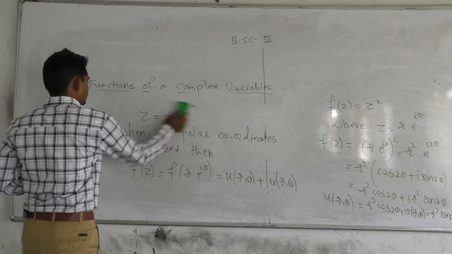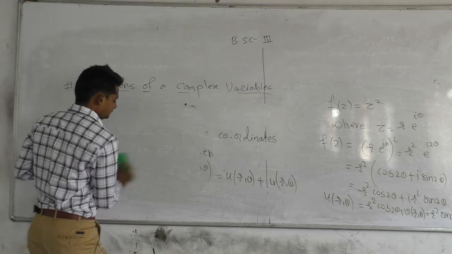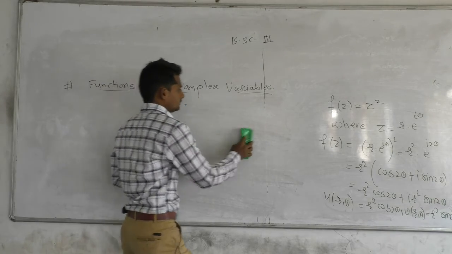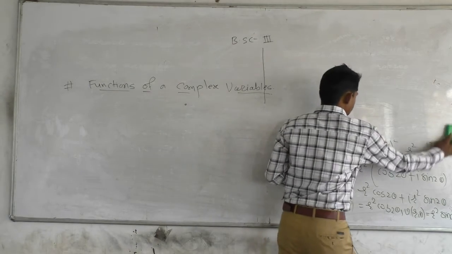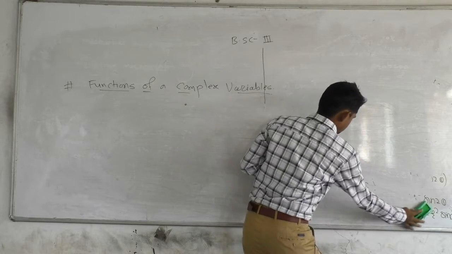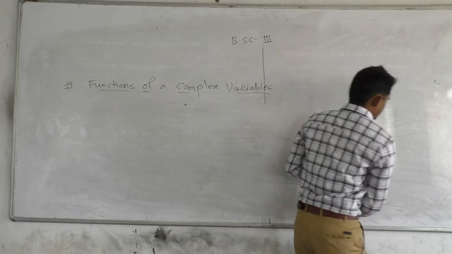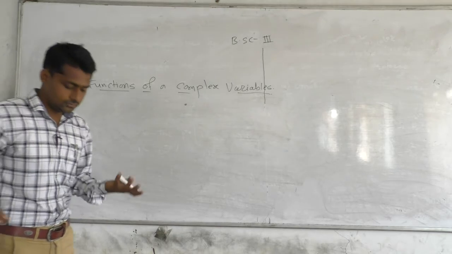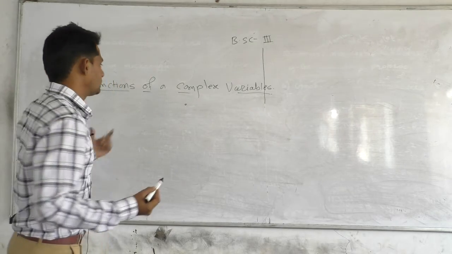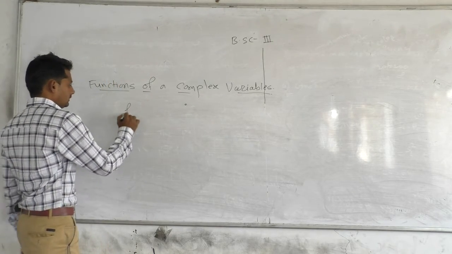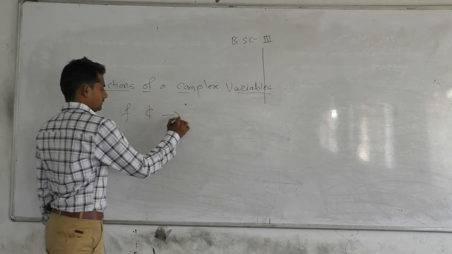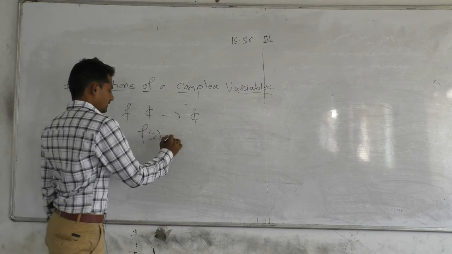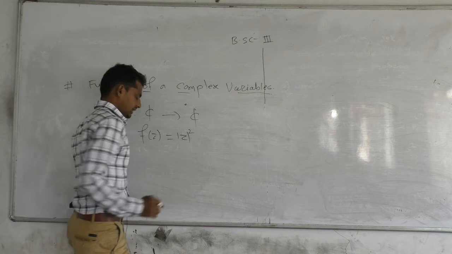Now let us discuss another example. Every real function can be written in terms of functions of complex variables. So f is a function from C to C defined by f of z = mod z squared.